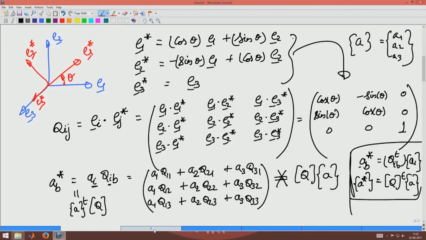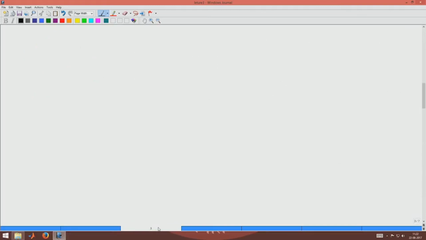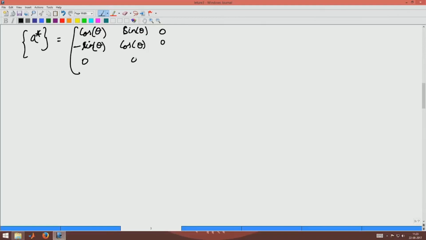Okay. Now, let us see what happens for the case that we have considered. So, A star would be cos theta, minus sin theta, cos theta 0 0, 0 0 1, into A1 A2 A3.